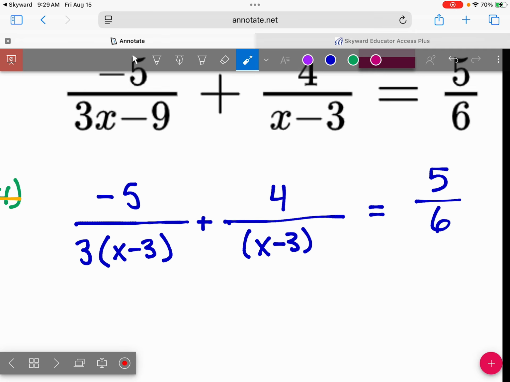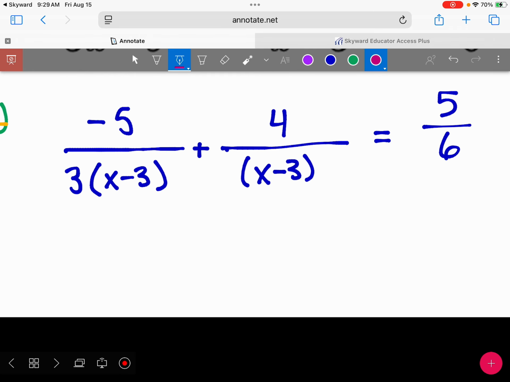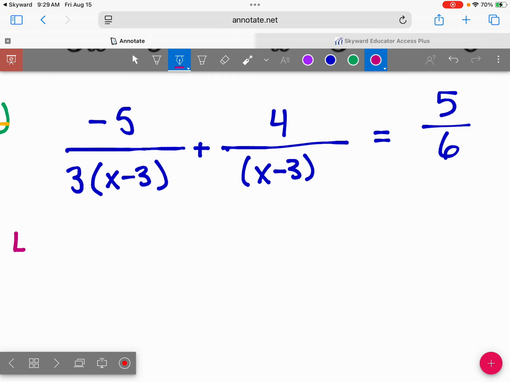So if we think about this in terms of when we were adding fractions together, if I looked at just these 3 fractions, what would our least common denominator be? If I just wanted to get a common denominator between all 3 fractions, with the x minus 3, you can absolutely use 18.